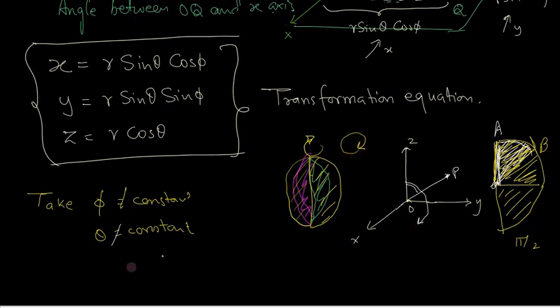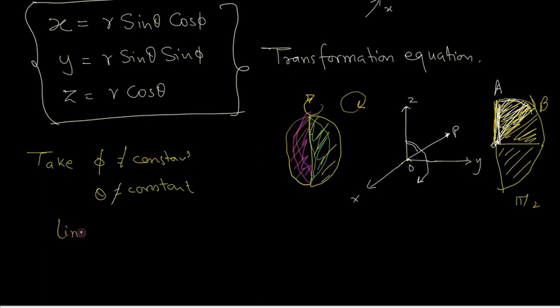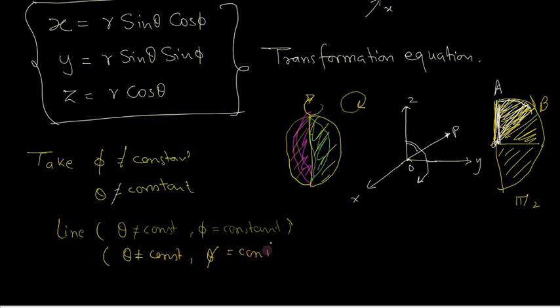So first you have a line where theta is constant and phi is constant. Then you have a line. Now theta is not constant and phi is still constant.